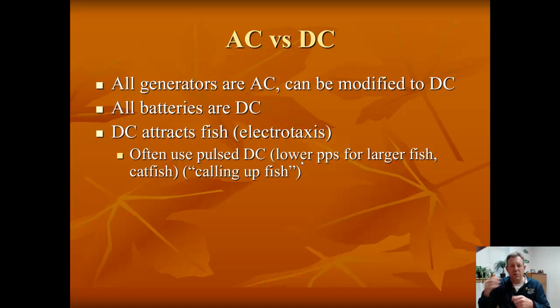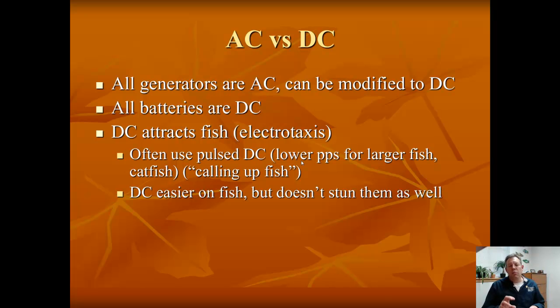Those phones came out before electricity was common, so you would crank it to create some electricity, which is stored in a capacitor and powered the phone call. Well, that's a certain low pulse per second of DC current, and somebody found out that if you stuck that crank in the water and turned it, big catfish started floating up, and that's why they call it calling up catfish.